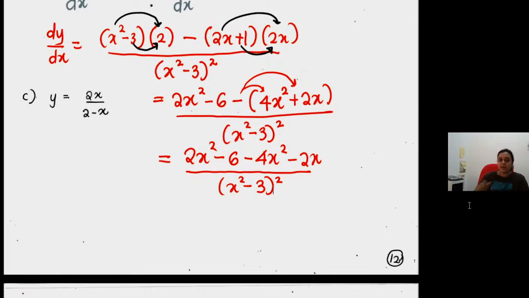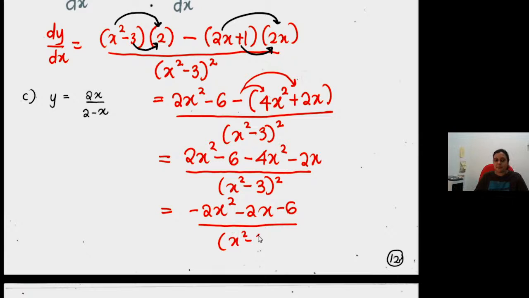Anything can solve at the top? Yes, the squares. So we will get negative 2x squared minus 2x minus 6 over x squared minus 3 squared. So you realize the bottom one the teacher did not simplify. But if you want to simplify the top one, you can factor out the 2 actually.